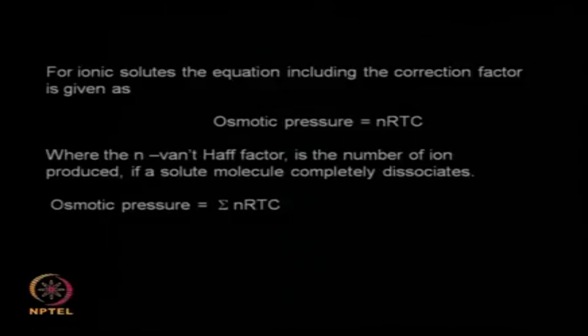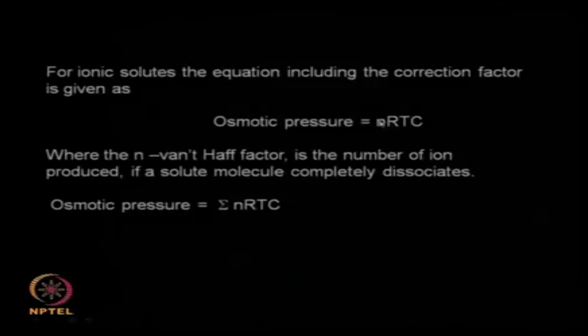So we need to consider the number of ions produced also. The osmotic pressure equation is slightly modified like this: N into R into T into C. N is called the Van 't Hoff factor, the number of ions produced when the solute molecule completely dissociates.